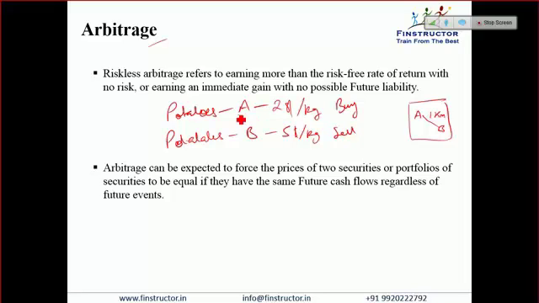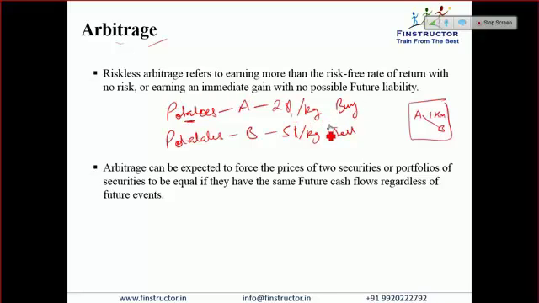So if assets, that is potatoes, that is the same asset, is being priced so differently in two markets, then it may give rise to an arbitrage opportunity. That is the possibility of making a riskless profit more than the risk-free rate of return, or earning an immediate gain without any future liability.